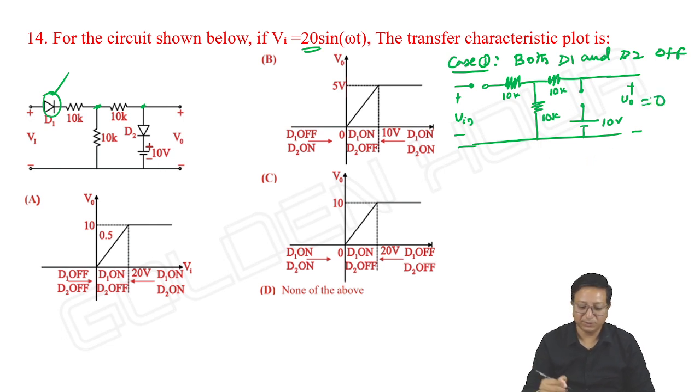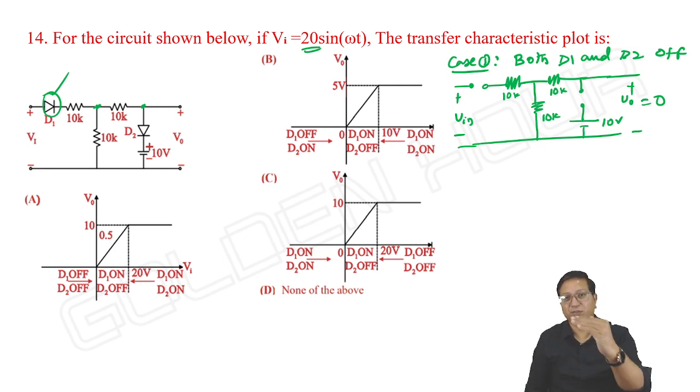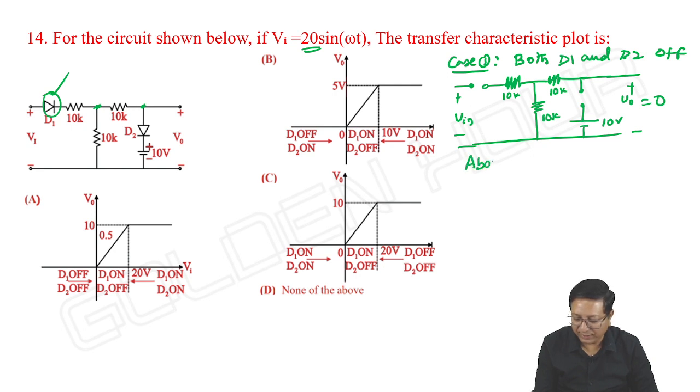Simply 0. Output minimum is 0 when input is at its negative peak. This is valid till a particular breakpoint. Input is starting from the negative peak and it is rising. As long as input is negative, D1 is off, and once D1 is off, automatically D2 will be off. So the above circuit is valid if input is less than breakpoint 1.